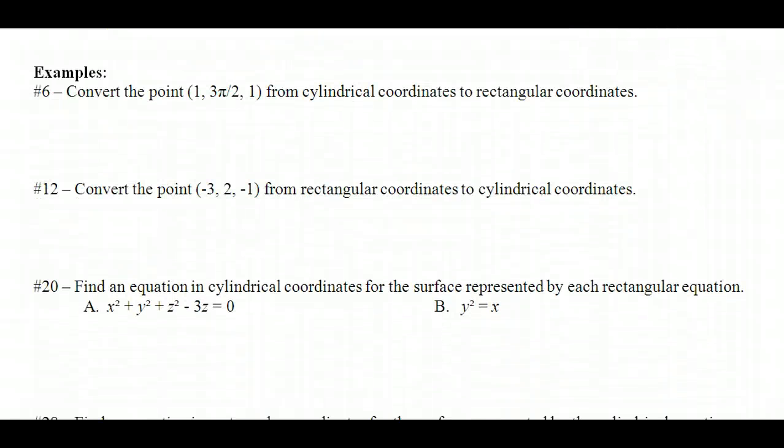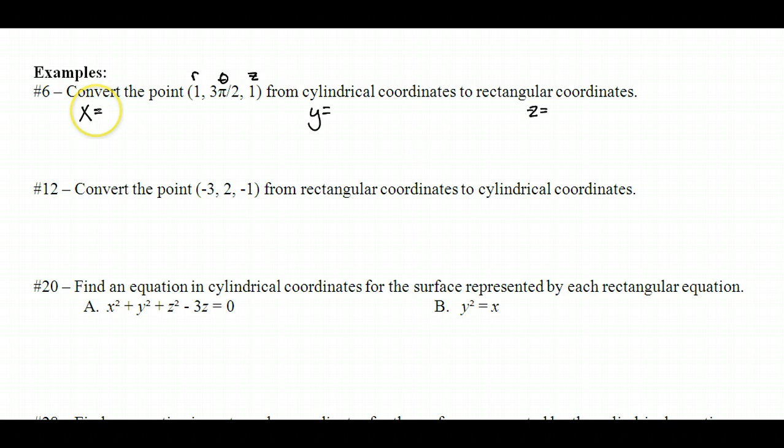Looking at some examples, we want to convert 1, 3 pi over 2, and 1 from cylindrical coordinates to rectangular coordinates. What I do to help myself out is I say this is r, this is theta, and this is z. And then I know I have to create rectangular coordinates, so I want what is x, what is y, what is z.